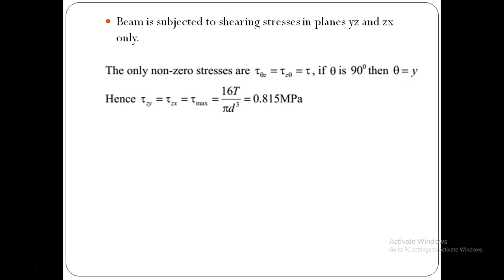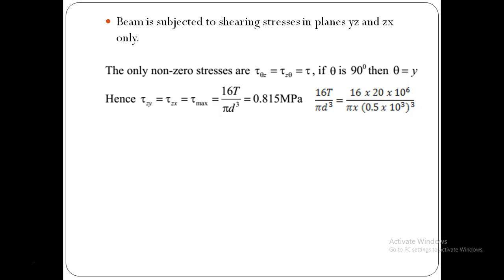Now if we just put 90 degree as theta, then we'll get theta equals to y. So we can calculate tau zy, which is equals to tau zx, and that is equals to maximum stress, which is equals to 16 multiplied by T divided by pi d cube.